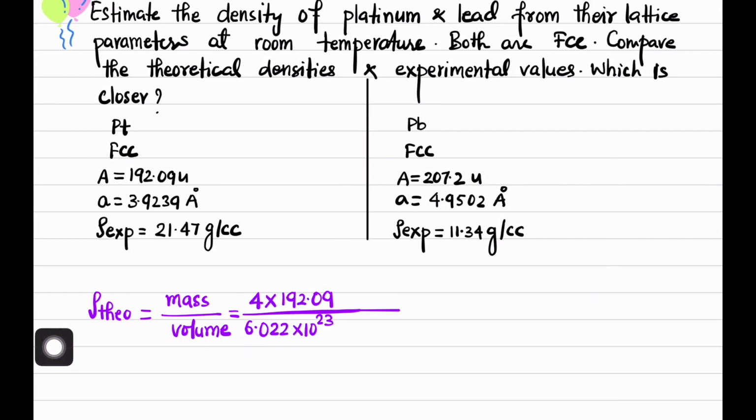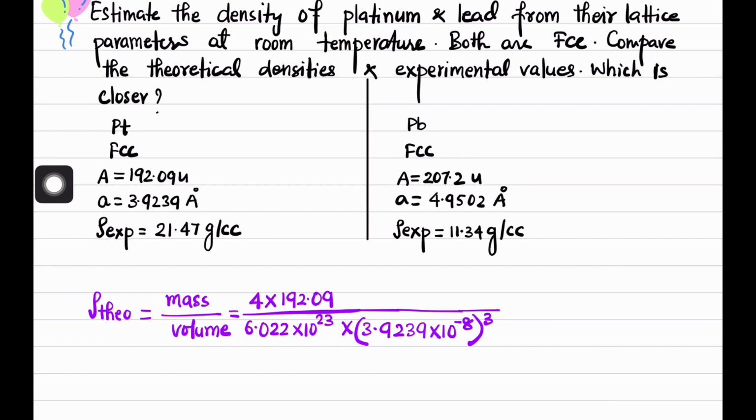Now we'll divide it by volume, and volume will be simply the cube of the edge length, that is a cube. This is in angstrom, that is 3.9239 angstrom. We have to convert this into centimeter so that we get the density in gram per cc, so we multiply it by 10 raised to minus 8, and this will be the volume of the unit cell.